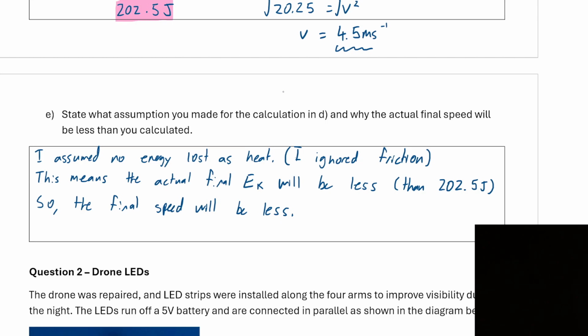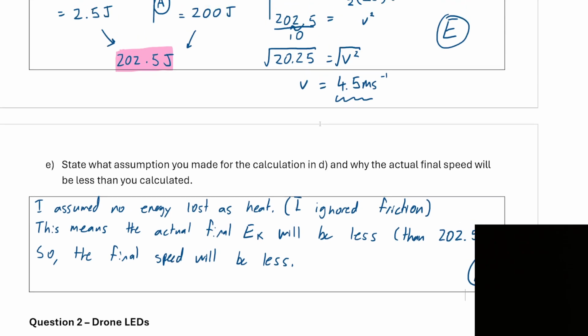So that just makes our answer a little bit more well-rounded because we've talked about the force, friction. By ignoring it, there's no heat loss. But if there was heat loss, the final kinetic energy would be less, and so the final speed would also be less. And that is another excellence question if you got all of those points.